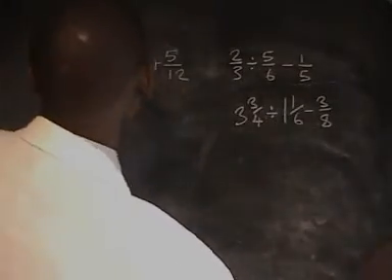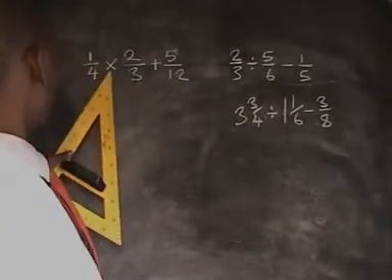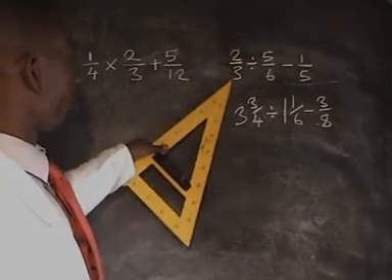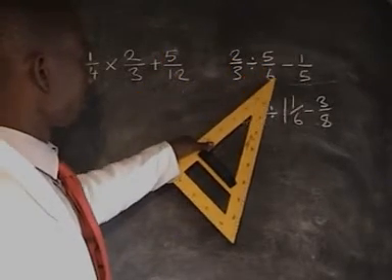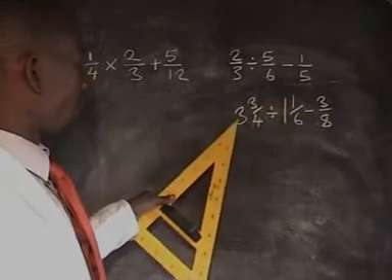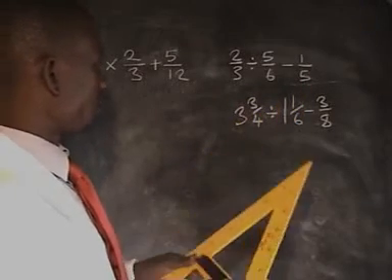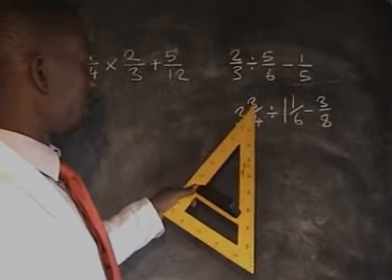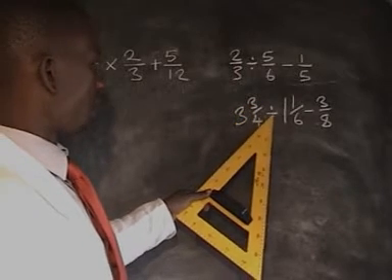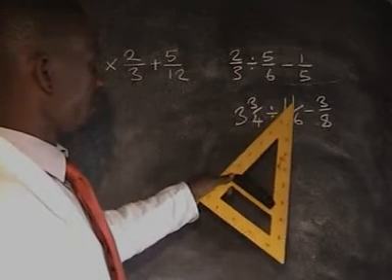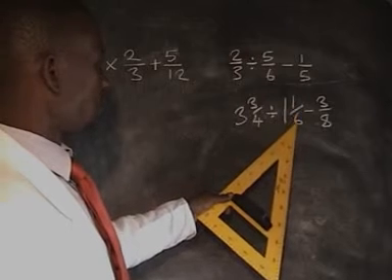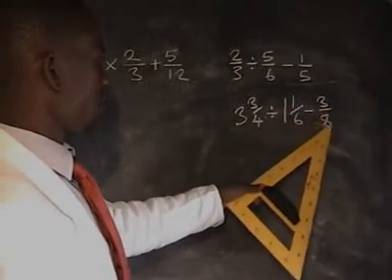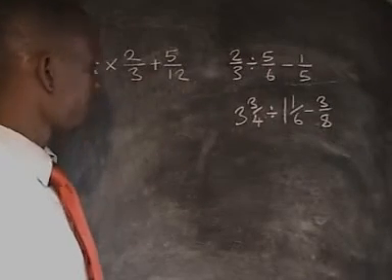There are 3 more examples. The first one is that you have 1/4 multiplied by 2/3 plus 5/12. The second one is 2/3 divided by 5/6 minus 1/5. And the last one is the one involving mixed fractions: 3 and 3/4 divided by 1 and 1/6 minus 3/8.